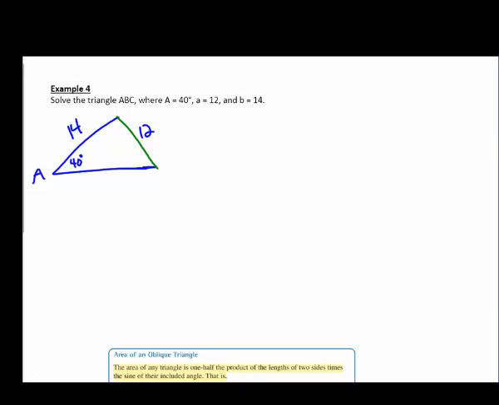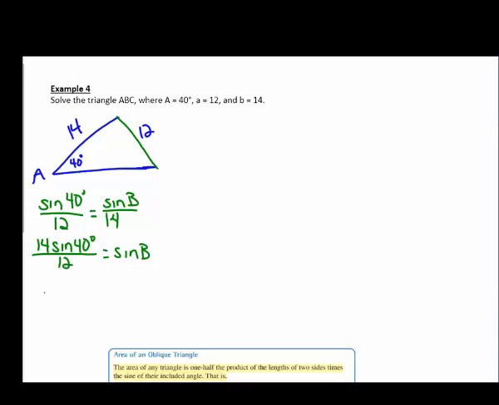Okay, all right, so now what we can do is find angle B. We can use our law of sines to find angle B. So we know that the sine of angle A, which is 40, over side a, which is 12, equals the sine of angle B over 14. So now we can do 14 sine of 40 degrees all over 12 is equal to sine of angle B. We can find out what that decimal is by plugging it into the calculator.